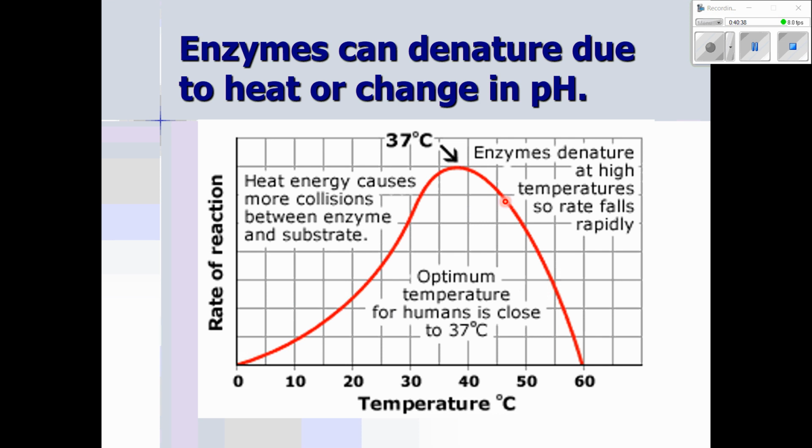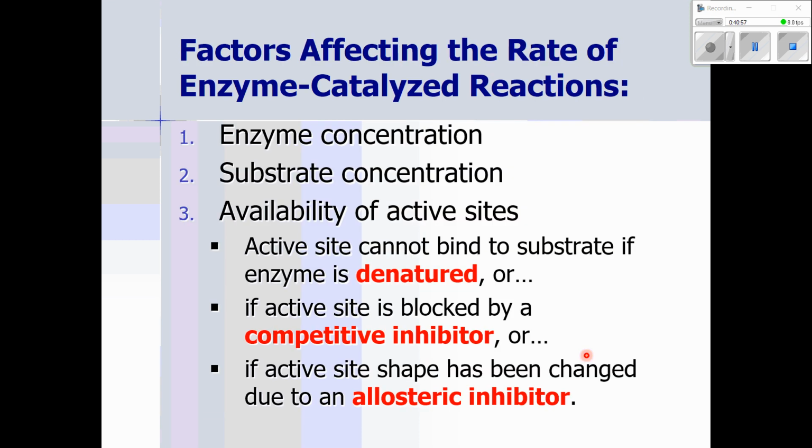The enzyme unfolds, it loses its tertiary structure, and it becomes more difficult for the substrate to bind to the active site. At extremely high temperatures, notice the chemical reaction pretty much comes to a halt. So one of the factors, remember, that can dramatically change the rate of a chemical reaction is to denature the enzyme that controls that reaction.